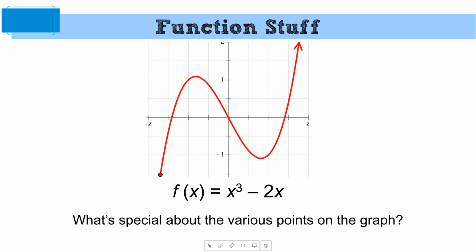He'll get there eventually. He's a smart fella. 1.3. Okay, and? Negative 1. Excellent. Now, Charlie referred to those as the x-intercepts.